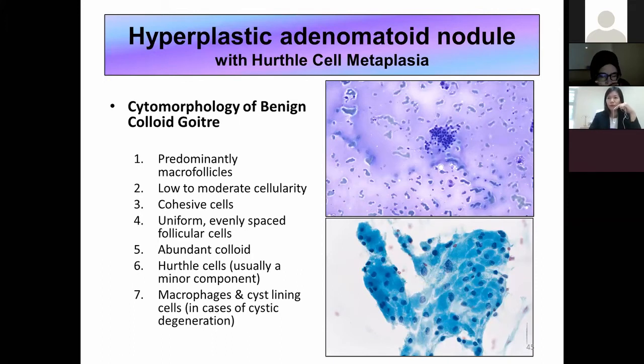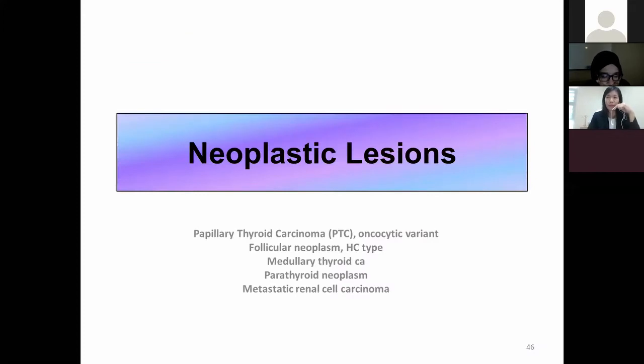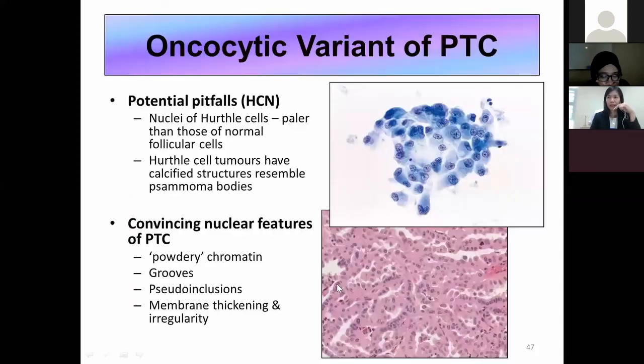Right, just a revision of what had been mentioned by the presenter earlier. Neoplastic lesions, these are the entities you may want to entertain when you see Hurthle cells in the FNA. So oncocytic variant of PTC.